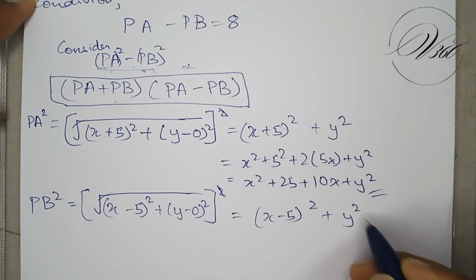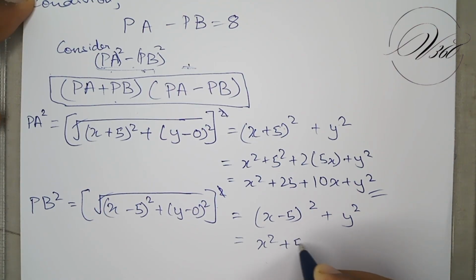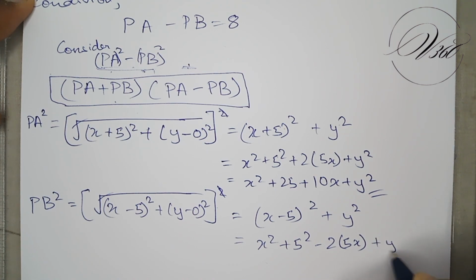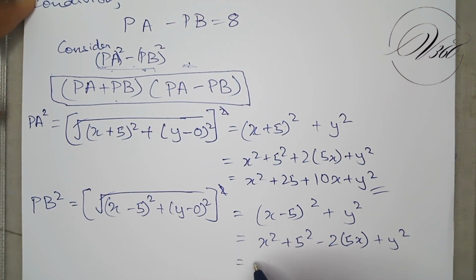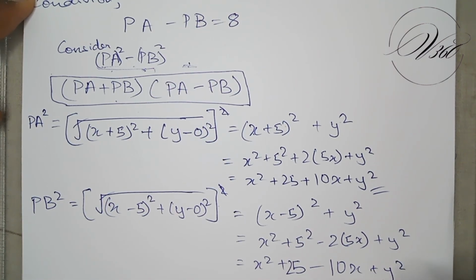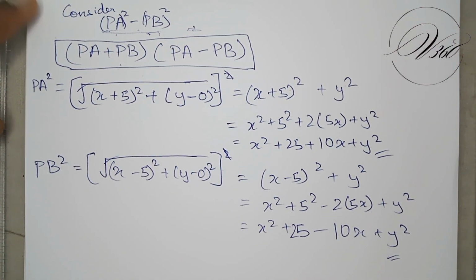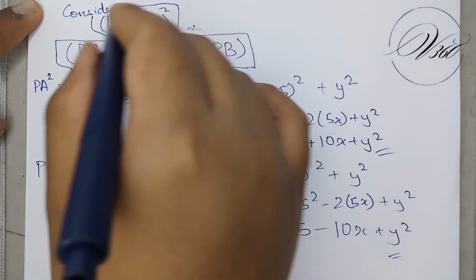Now if we apply the (a - b) whole square formula, we'll get x square plus 5 square minus 2 of 5x plus y square, which is x square plus 25 minus 10x plus y square. This is what it is. Now we will solve this, then we will apply this one.